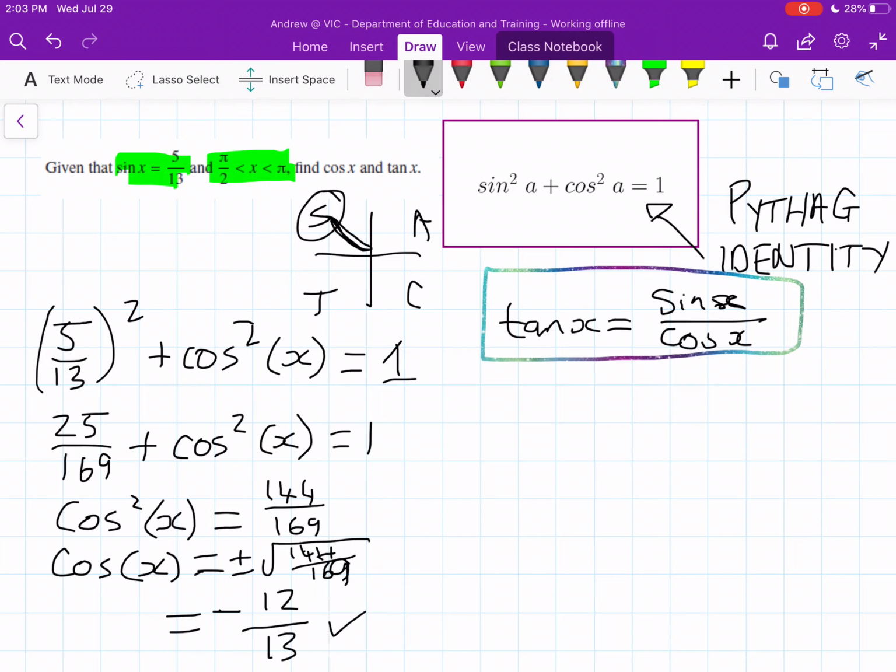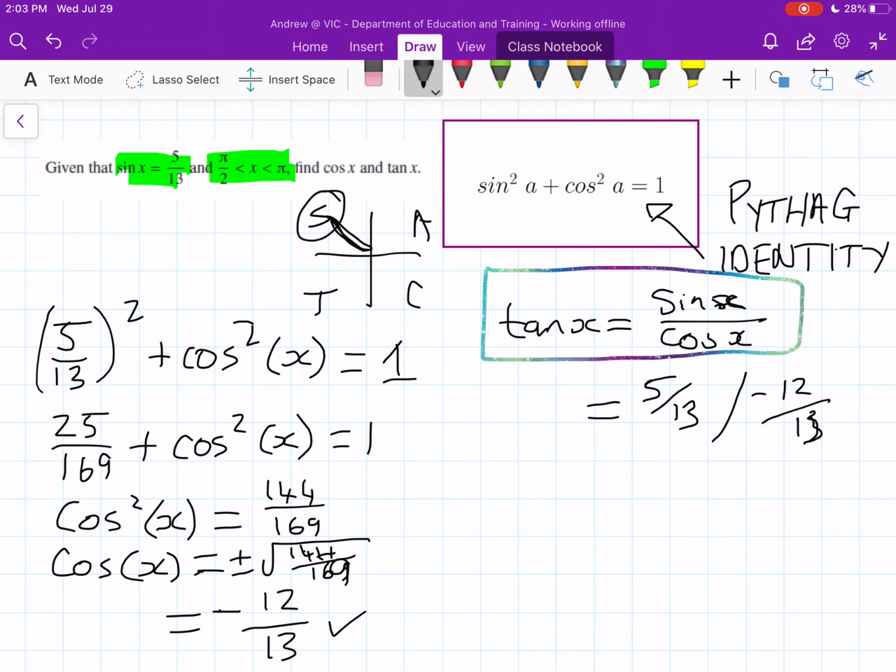Now that we have this relationship, we can work out what tan of x is. So tan of x is going to be equal to sine of x divided by cosine of x, and we have both values for that now. So tan of x equals sine of x, 5 on 13, divided by cosine of x, which is negative 12 on 13.